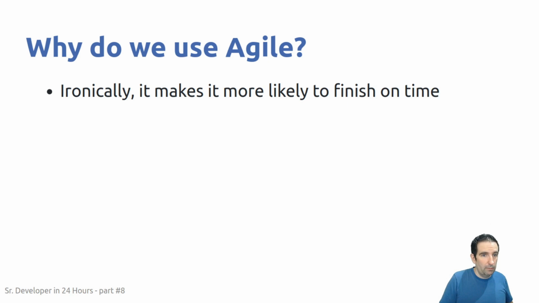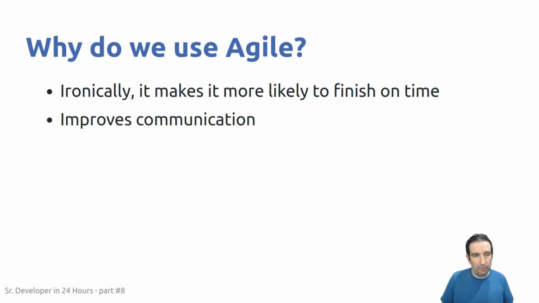And flexibility is what makes Agile work. It also has some other benefits. It improves communication because we are forced to constantly reach across teams. We're constantly forced to reach and talk to people that are within our team. So, it improves that communication.